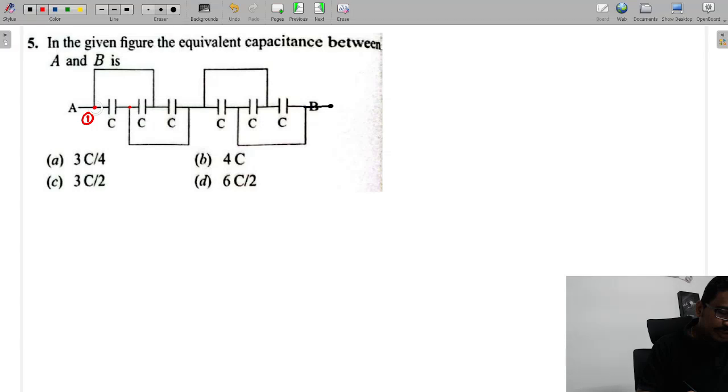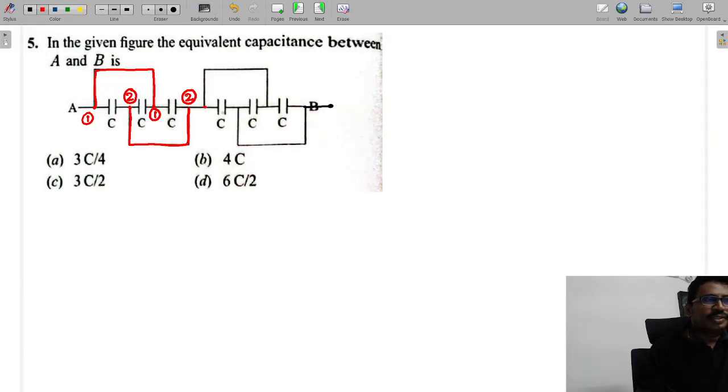This same wire which is connected to here, that's why this is also 1 only. There is no element directly connected, this is a short path. Now here if I call this a 2, the same wire which is bringing here is connected to here. So this is called a 2.